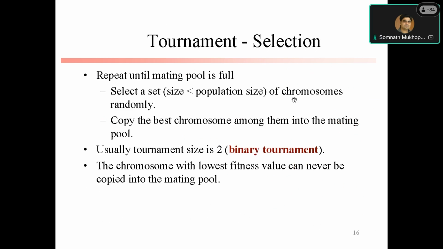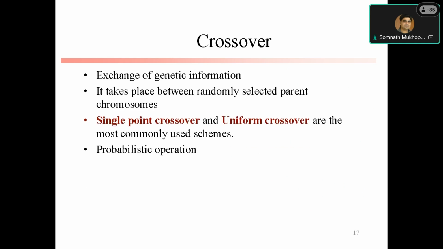In tournament selection, which is actually a knockout game, any 2 or 3 chromosomes are randomly selected, and from them the best one is selected to go to the mating pool. So tournament selection always guarantees that the worst chromosome will not be selected by any chance.